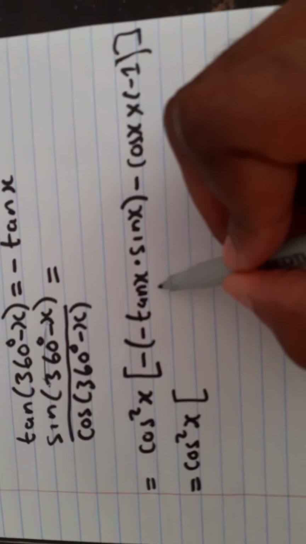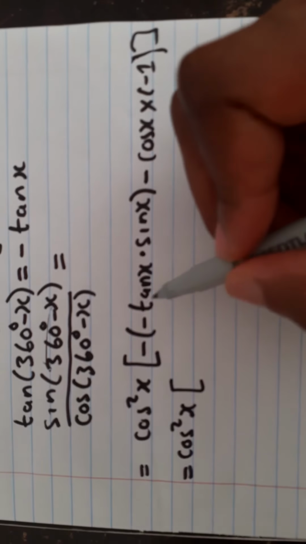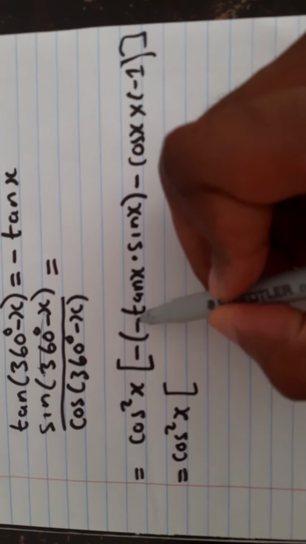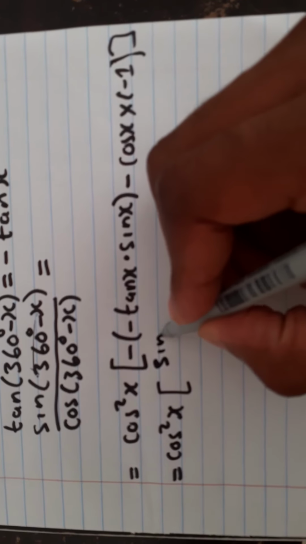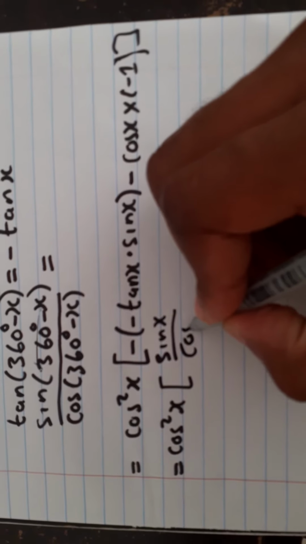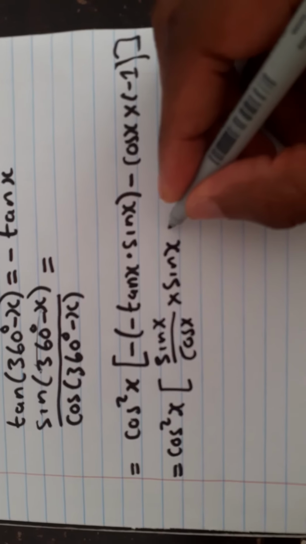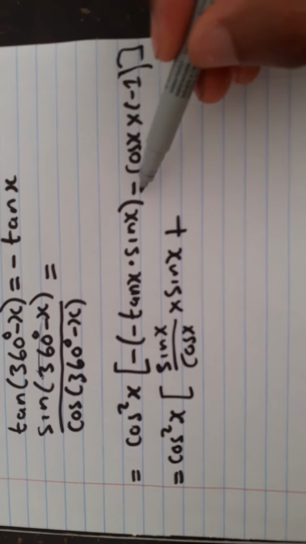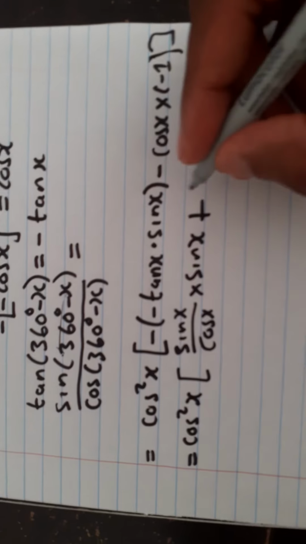into, you can write this tan as sin x divided by cos x, because this and that will become positive. Then sin x times sin that, plus, because minus times -1, that's positive.